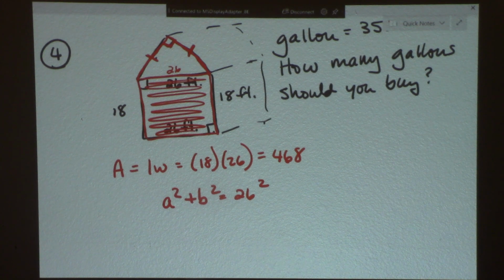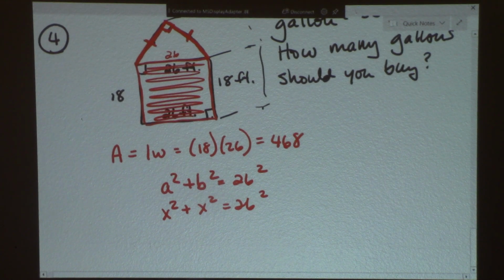As I was saying, if these two sides are the same length, I can use the same letter to represent them. So instead of using a squared, I'm going to use x squared. And instead of using b squared, I'm going to use x squared because they are both the same. Now, I can add these two together since they're the same letter.